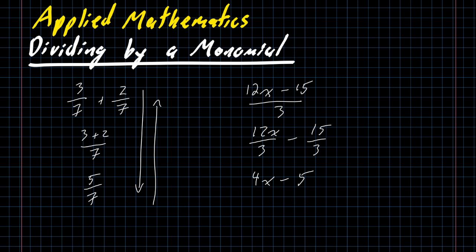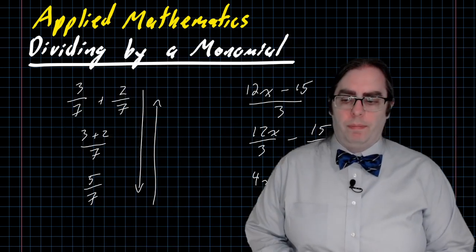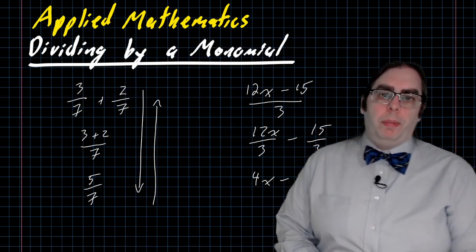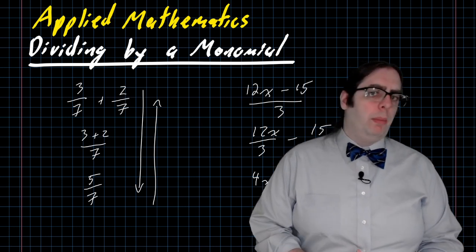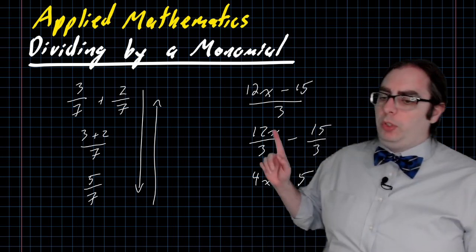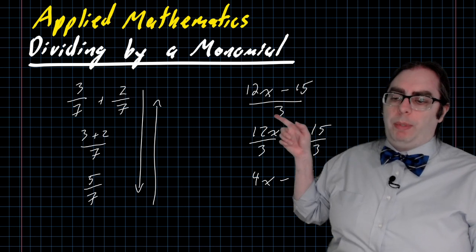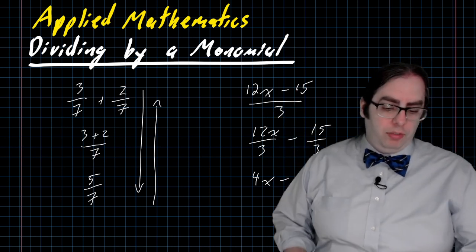The reason that this doesn't come up as much is that division is a little bit particular about order. When you're multiplying, which number comes first and which number comes second doesn't matter. When you're dividing, which thing is on the top and which thing is on the bottom does make a difference.